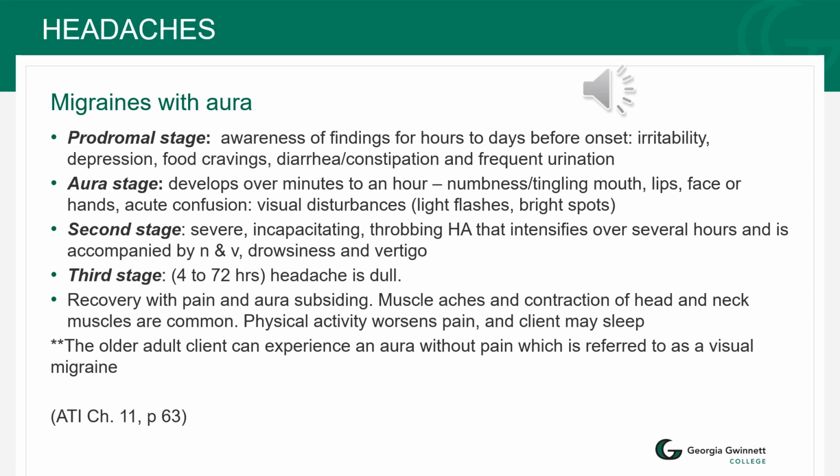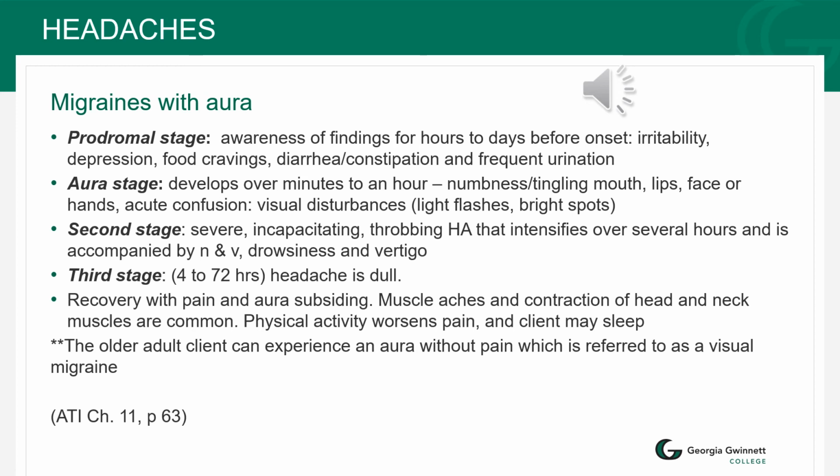They can have either diarrhea or constipation. They can have frequent urination and irritability. Then you have the aura stage that develops over minutes to an hour, and it's characterized by numbness and tingling of the mouth, lips, face, or hands. There can be acute confusion and visual disturbances such as light flashes or seeing bright spots.